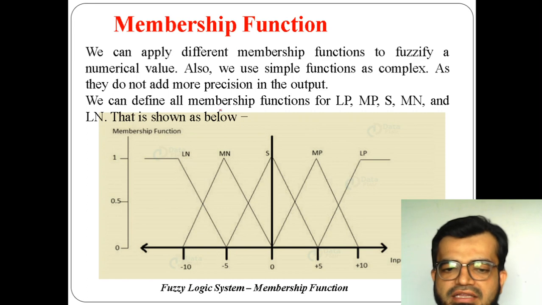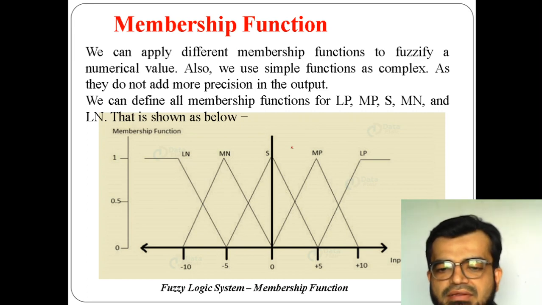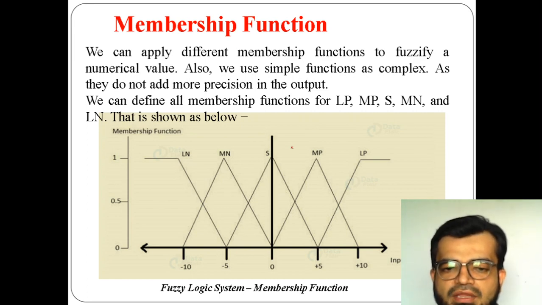That input voltage is actually from minus 10 to plus 10, but we are dividing it into a group of values, a group of sets. Same thing here: large positive, medium positive, small, medium negative, and large negative.